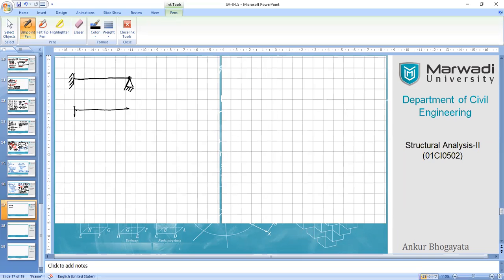Either I remove this support completely, so my structure becomes determinate, and in the other case, I convert this fixed beam into the simply supported beam by releasing it with the moment over here. So this is the second case. So either you convert your prop cantilever into pure cantilever, or you convert it into the simply supported beam. These are the only two possibilities to make this structure determinate, and accordingly you can select the solution methods by writing the compatibility equations. Right.